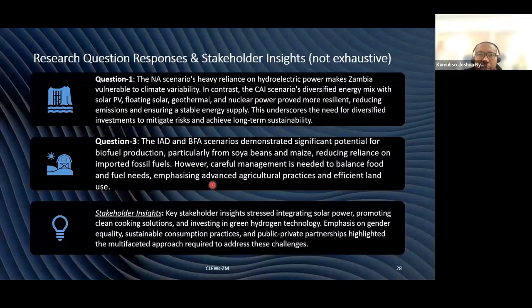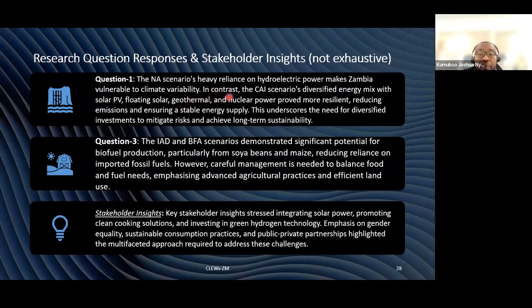So this is a way of trying to answer research questions through analysis and stakeholder engagement. From the first research question, which was about achieving a resilient hydropower system and appreciating its costs, it's imperative to note that the no adaptation scenario heavily running on hydropower makes Zambia vulnerable to climate variability, as could have been seen in the results.